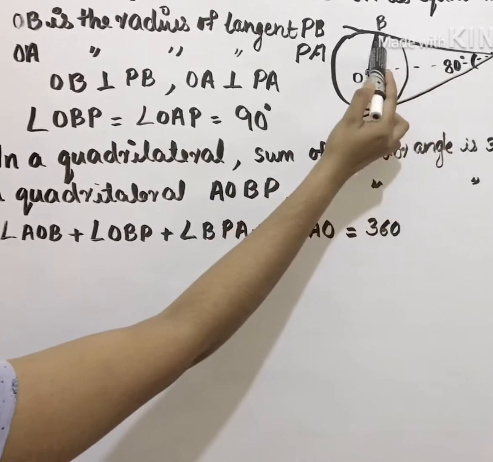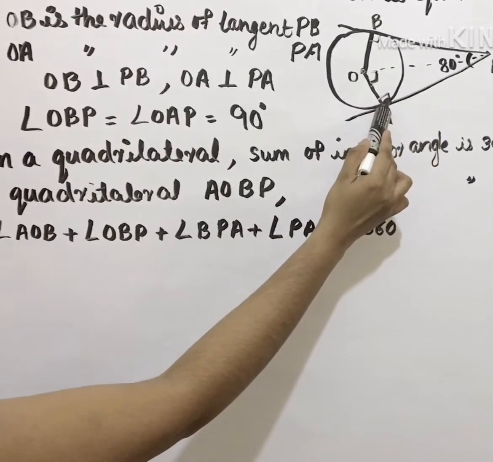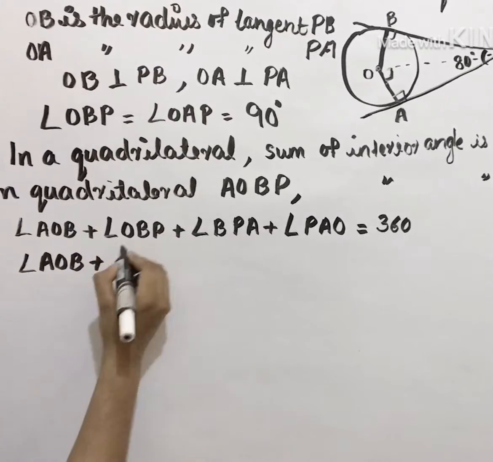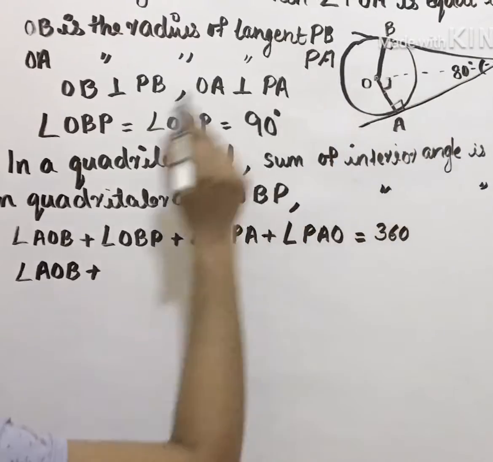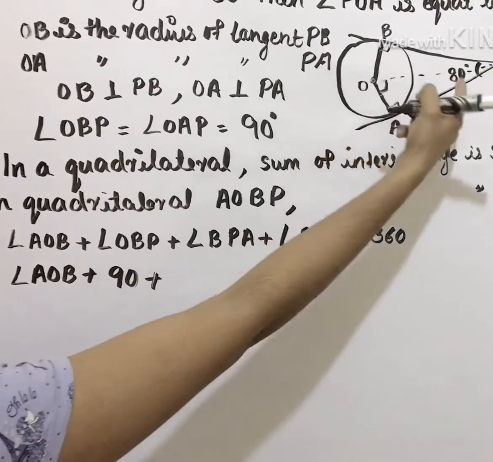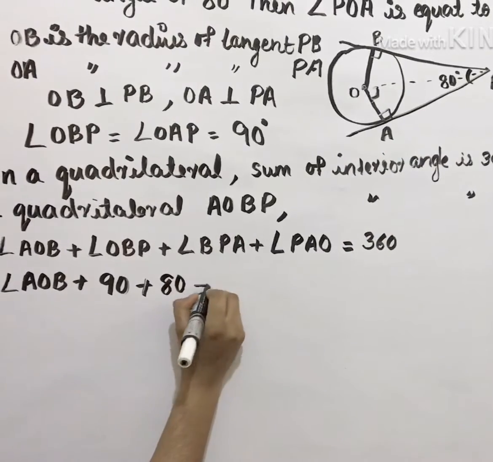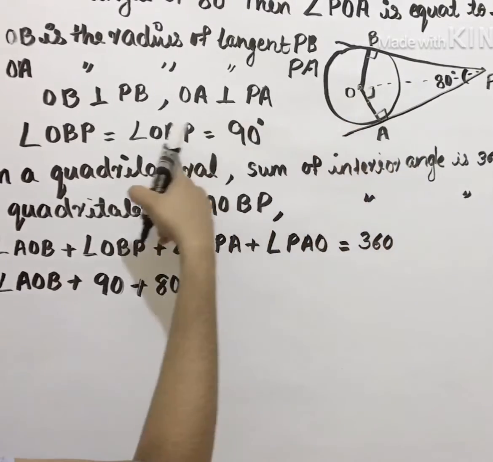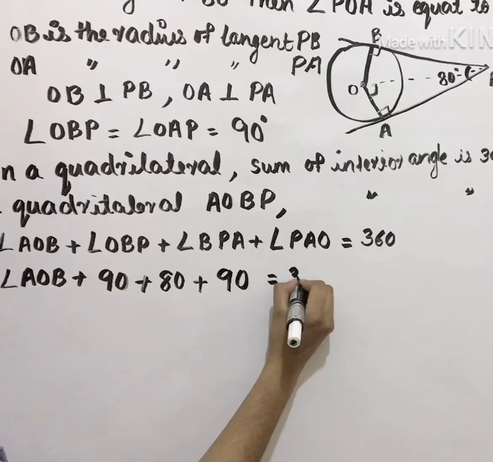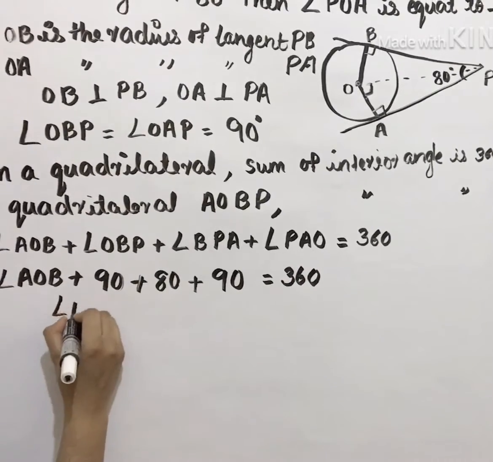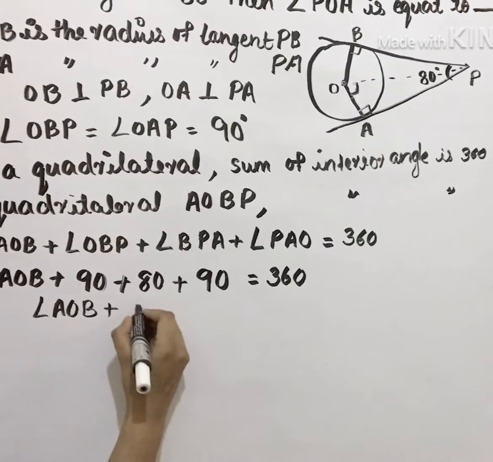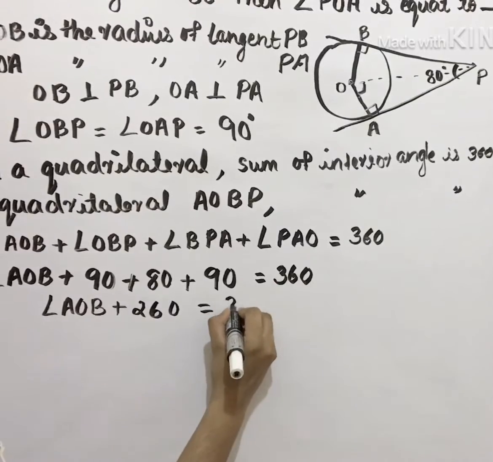Angle OBP is 90 degrees, angle BPA is 80 degrees, given in the question, and angle PAO, or OAP, the same angle, is 90 degrees. So angle AOB plus 90 plus 80 plus 90, that is 260, is equal to 360.